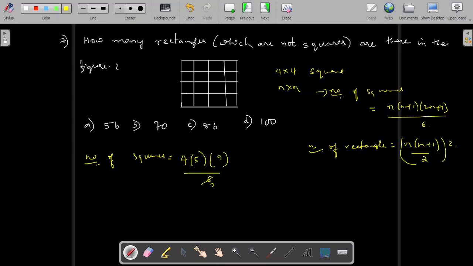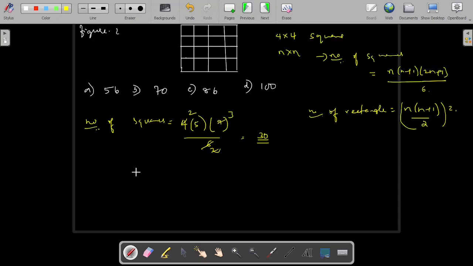That is 3 2s are 6, 3 3s are 9, 2 1s are 2, 2 5s are 10, 3 10s are 30. Then the number of rectangles, I am finding both because number of rectangles equal to n into n plus 1 by 2 whole square. So 4 into 4 plus 1, 5, 4 into 5 divided by 2 whole square, that is 2 5s are 10, 100 you will get.